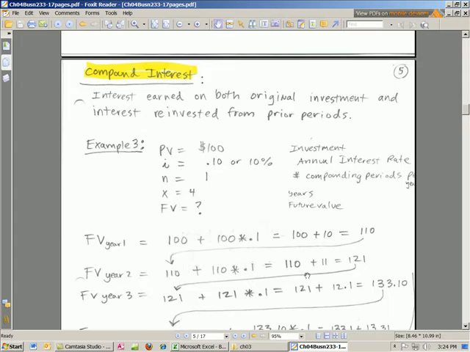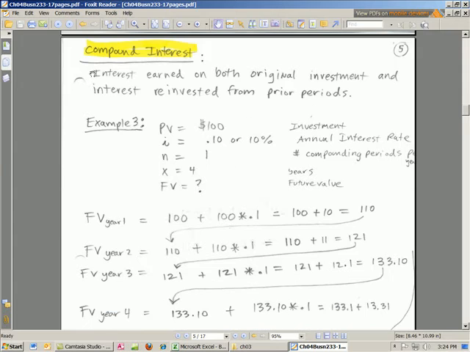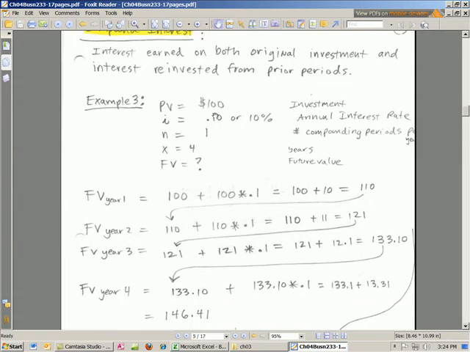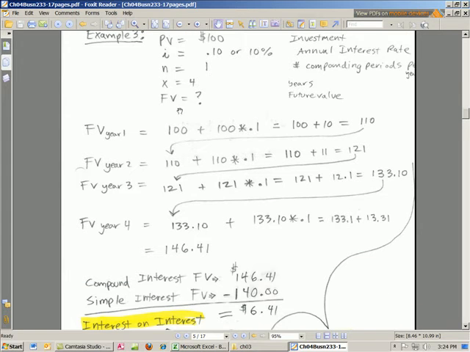Compound interest, we like this much better. It's interest earned on both the original investment and interest reinvested from prior periods. Same situation, except we have compounding interest: $100, 10%. It's only one period per year, but we have 4 years. At the end of year 1, they take 100 plus the interest.